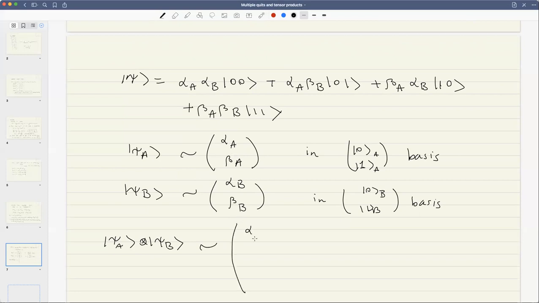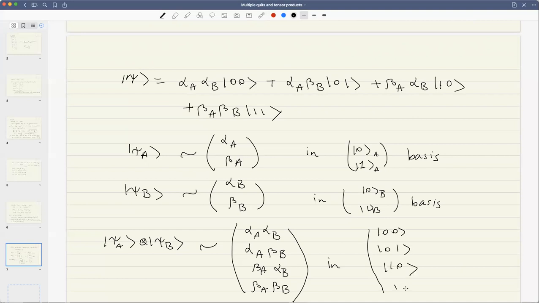It's going to be alpha A alpha B, alpha A beta B, beta A alpha B, beta A beta B, in this basis, 0, 0, 0, 1, 1, 0, 1, 1.